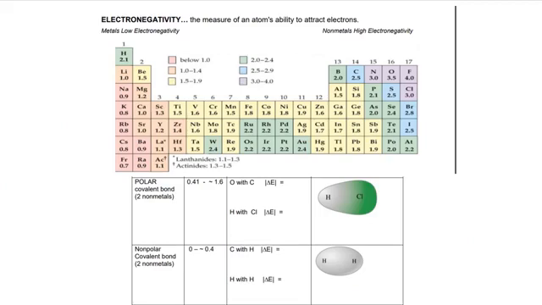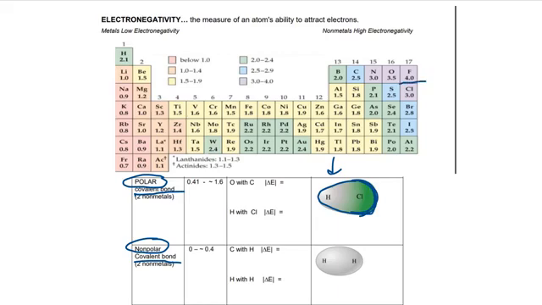Then we have covalent bonds. So notice here, there are 2 different types of covalent bonds. We have polar covalent and we have non-polar covalent. And what this means is, and we can see over here, let's look at these diagrams. See that H and Cl is fatter over on this side of this diagram.